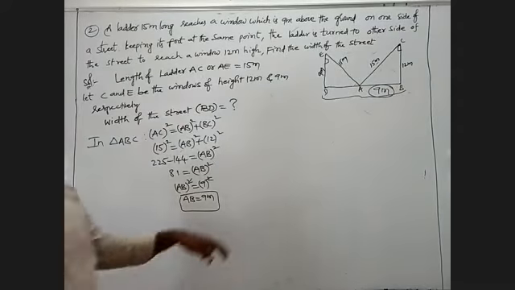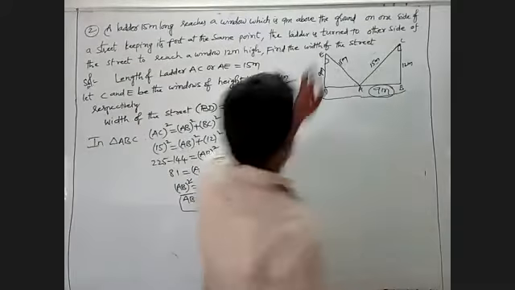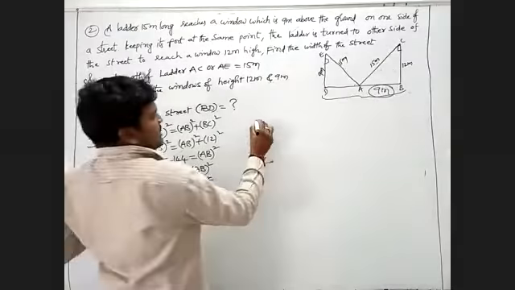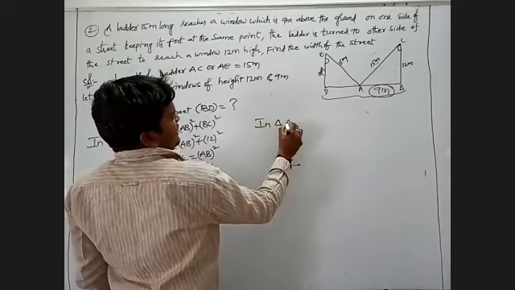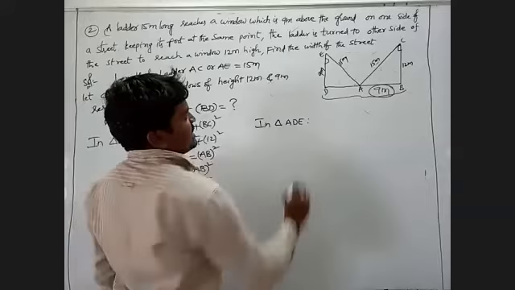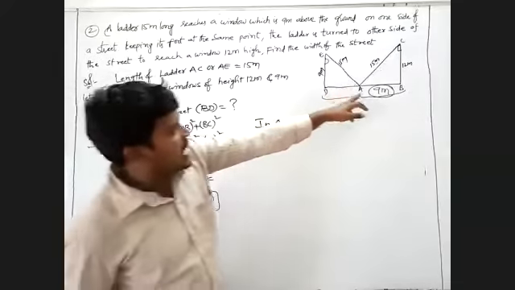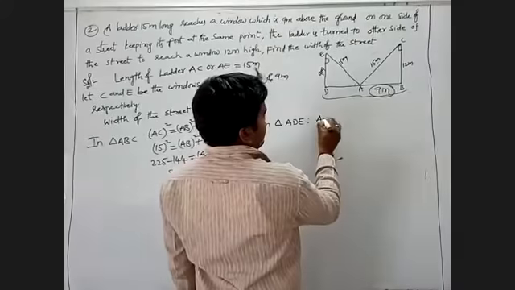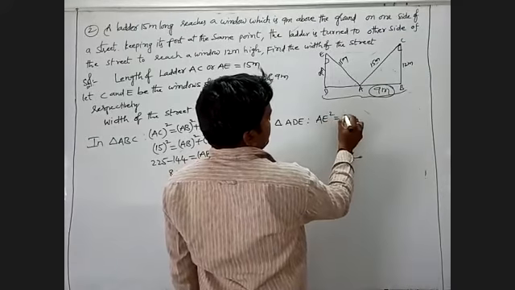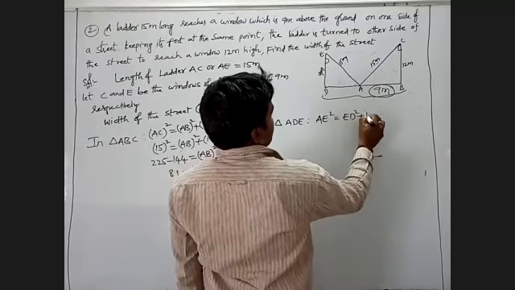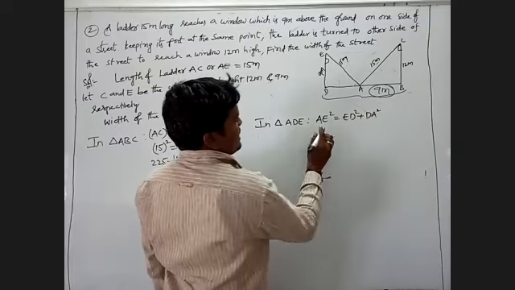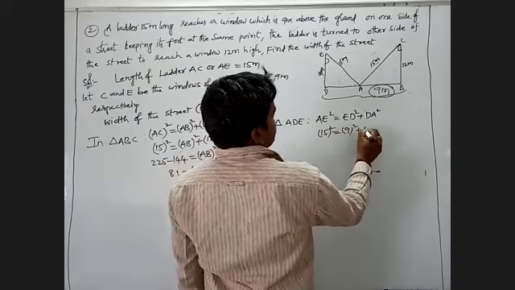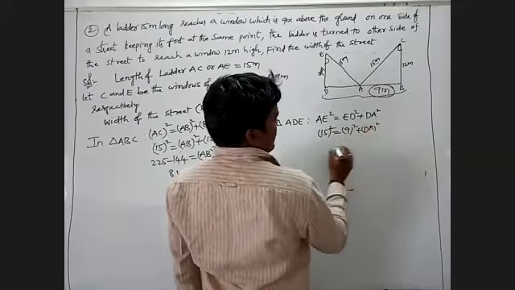After we will take triangle ADE. In triangle ADE, where the given hypotenuse must be taken as AE, that I will write AE square is nothing but ED square plus DA square will write. AE is 15 square is equal to 9 square plus DA square will write.